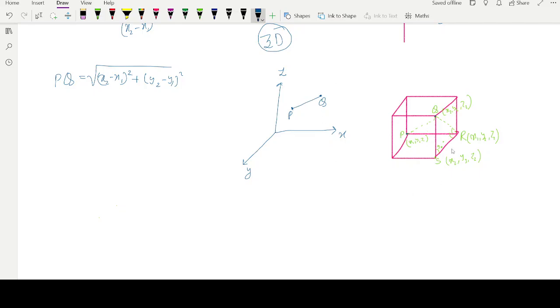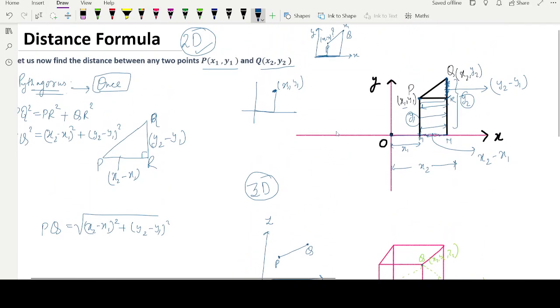This is PQ. Now what is in 2D? We have taken the differences of the points: x2 minus x1, this distance, and this distance is the same. For y, we take y2 minus y1.